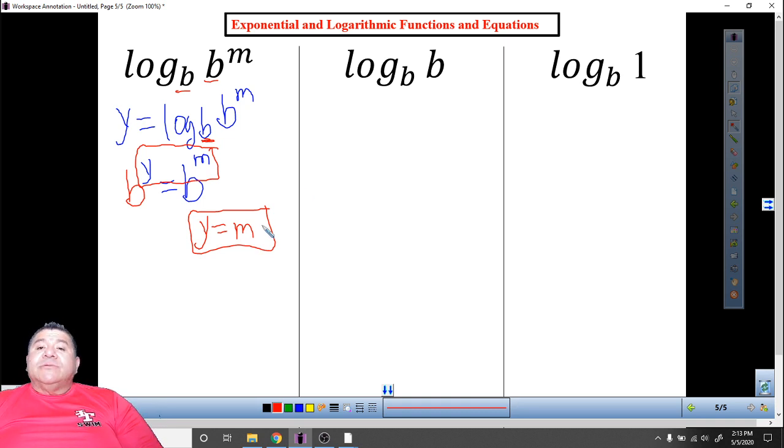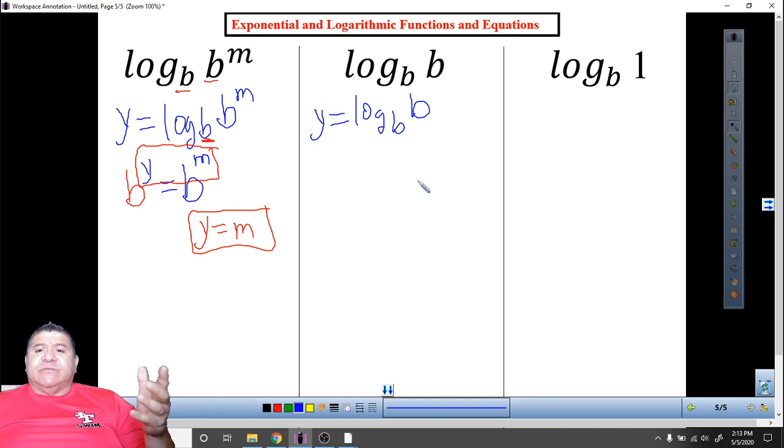All right, let's go to the second one. What do you guys notice on this one? Well, let's rewrite it as if we're solving for the exponent. So y equals log base b and the given number b. Or like, Mr. Q, isn't that the same? It's almost exactly the same, but I want to make sure that it's as obvious as we can put it. All right, so once again, what is our base here?